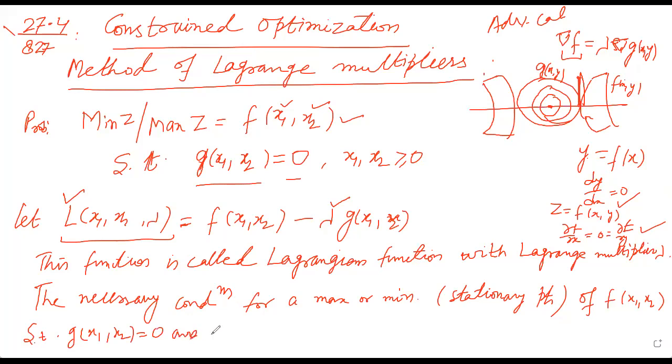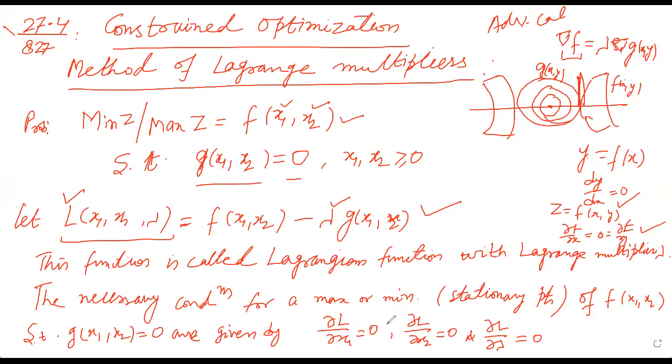Because I am taking this Lagrangian multiplier function, I will take the derivative of this L. So the conditions will be del L over del x1 is equal to 0, del L over del x2 is equal to 0, and del L over del lambda is equal to 0. ठीक? Because I want to find maximum minimum but under this constraint. So I constructed one function, Lagrangian function, and for necessary condition I will put first derivative to 0. That will give you the stationary point. That is a necessary condition.